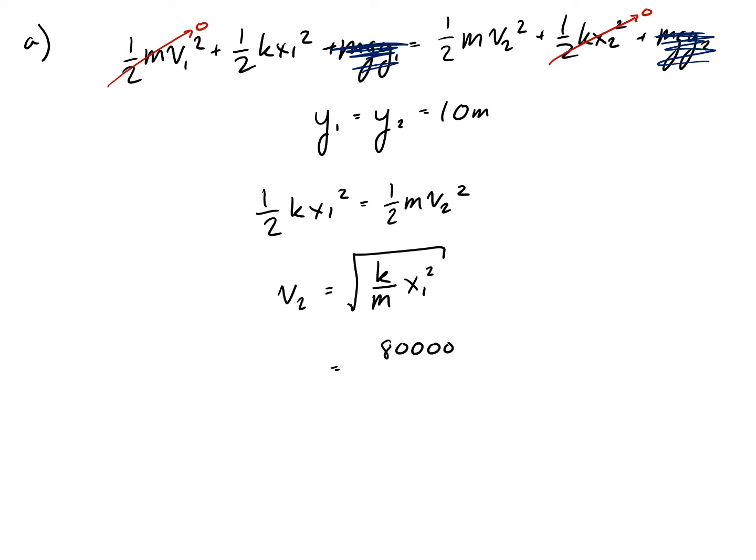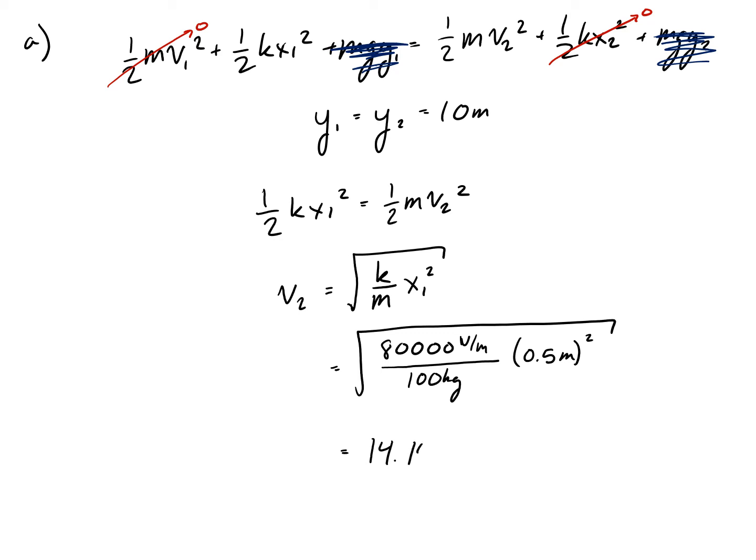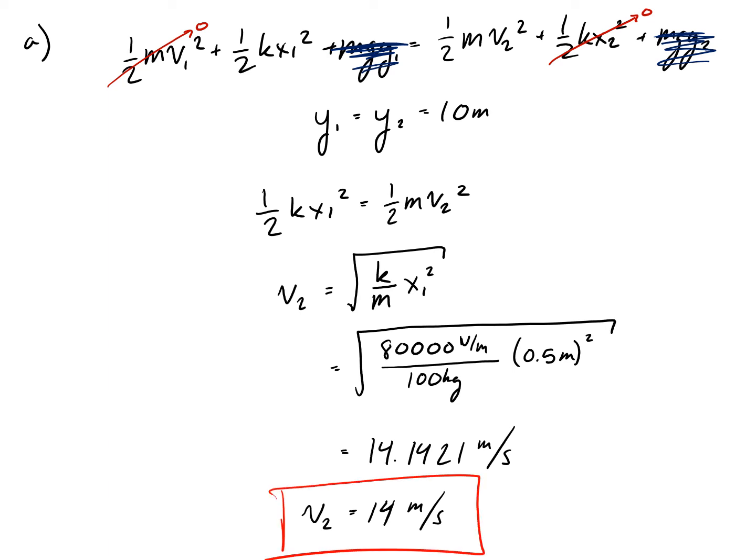So I have 80,000 newtons per meter divided by my 100 kilogram mass times the 0.5 meters squared that I'm compressing the spring. Taking this and plugging it in, I got 14.1421 meters per second. Rounding to sig figs, 14 meters per second for the student.